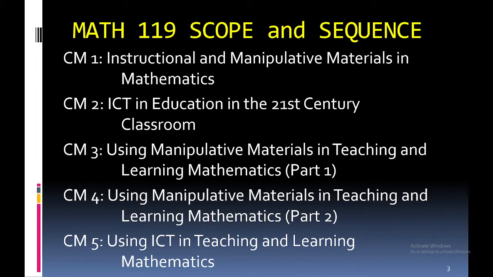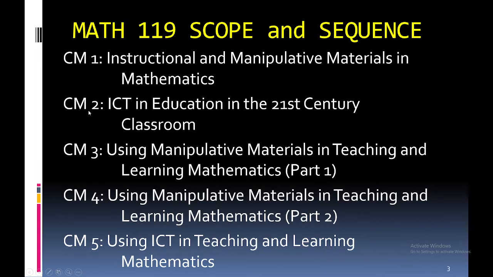These are the different titles of the course materials. Course material number 1 is all about instructional and manipulative materials in mathematics. This is now pure on theories. What's the purpose behind having manipulatives?